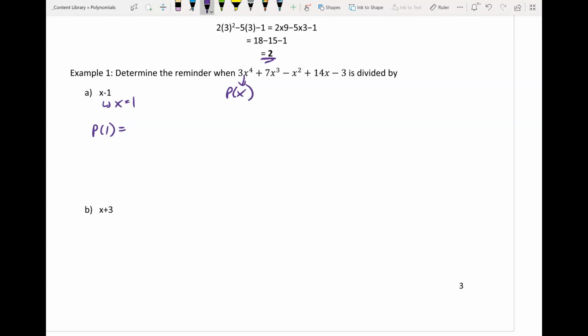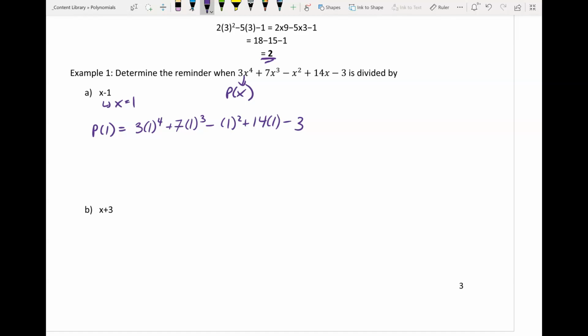Then I'm going to plug in 1 into each x value. So this will become 3 times 1 to the power of 4, plus 7 times 1 to the power of 3, minus 1 squared, plus 14 times 1, minus 3. And then we would simplify this.